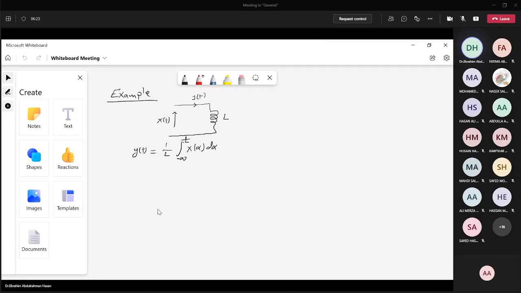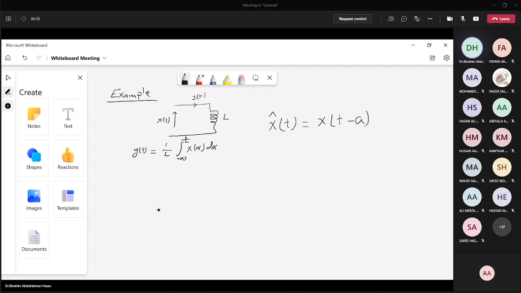Anyway, so as we said, to check whether it is time invariant or not, we say that we are going to shift x. Okay, فنخلي x hat of t equal to x of t minus a.